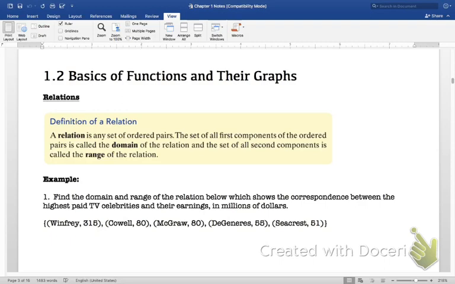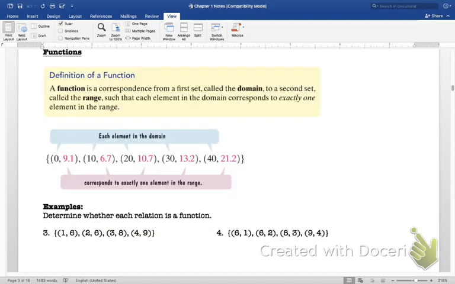Usually domain is some sort of category or it could be time, whereas your y value is usually a numerical value. When we talk about the function, the first set is the domain, and the second part corresponds with the range or the output.